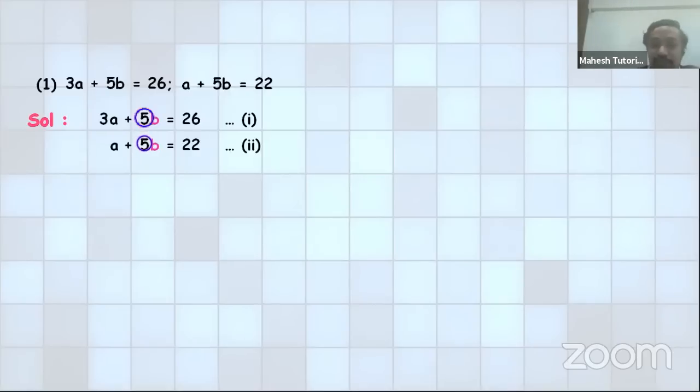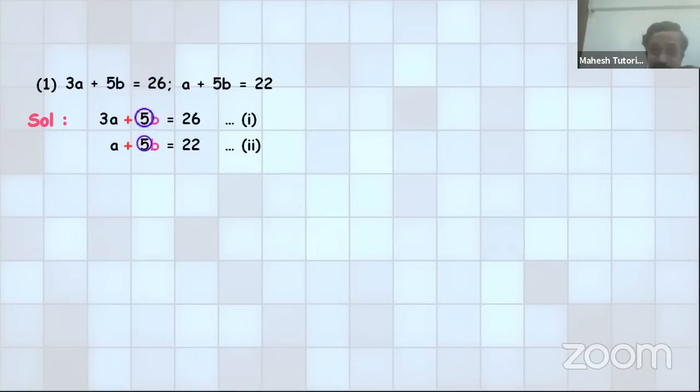All right. Moving further. Once the coefficients become equal, students, we need to pay attention to their sign. Now tell me, students, in equation 1, what is the sign of variable B? Plus. In equation 2, tell me, what is the sign of variable B? Plus.